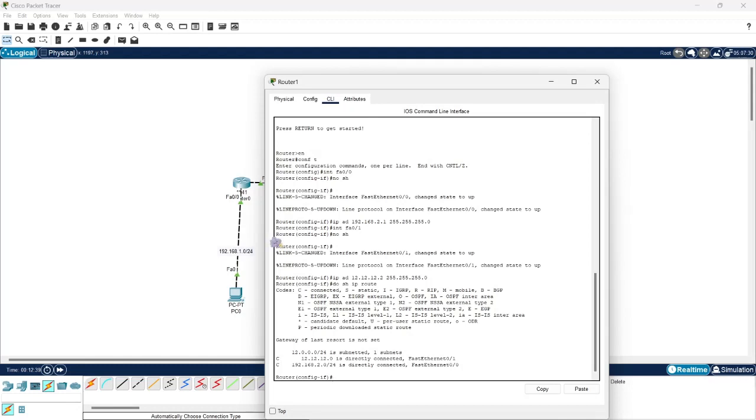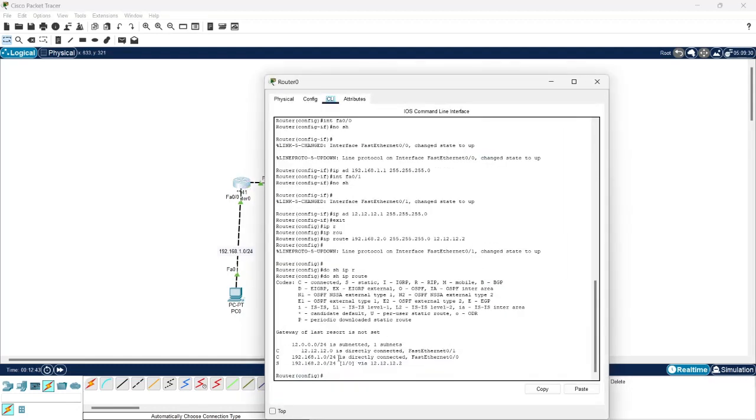So as we can see in router 0, the first router didn't know about the network 192.168.2.0/24 at the second router.